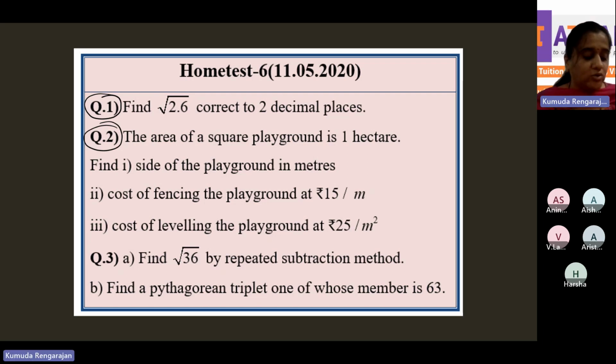Aishwarya, you must write correct to 3 decimal places first and then 2 decimal places. Okay, ma'am.